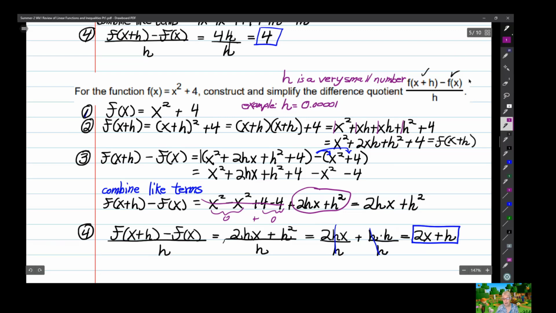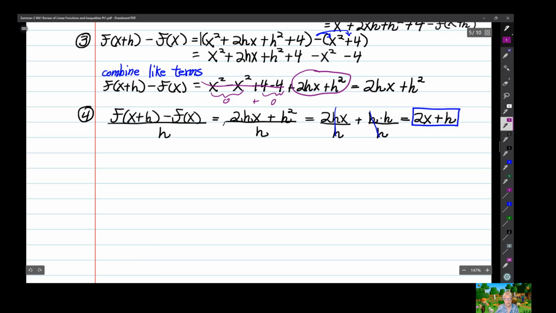Finally, we're going to find the whole thing. First, we wrote down f of x, then we had to find f of x plus h. Then we had to subtract, f of x plus h minus f of x. We found that. Now, we've got f of x plus h minus f of x over h. We just found out that f of x plus h minus f of x is 2hx plus h squared.